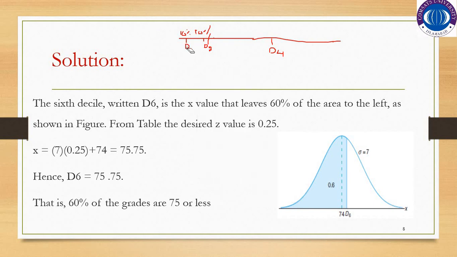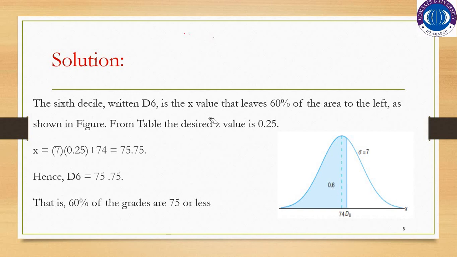So by using this concept of decile, we will sketch it on the graph of the normal curve. The mean is 74, and you know that below the mean is 50% of the area and above the mean is also 50%. You want to locate a point below which is 60% of the area. This is the point D6.